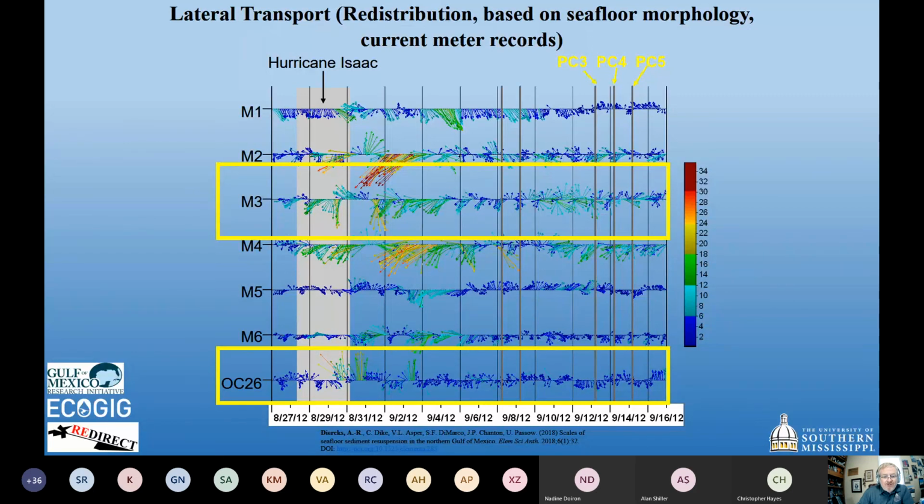M3 and OC26 are the ones we are interested in. If you look at the time scale, which is the bottom line here, this line here is Hurricane Isaac coming through. And then we have a backwash coming in at these sites from shore. And then a few days later, on 9/12, 13, and 14, we have the camera profiles PC3 to PC5.